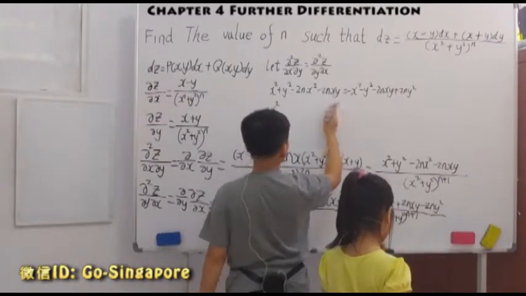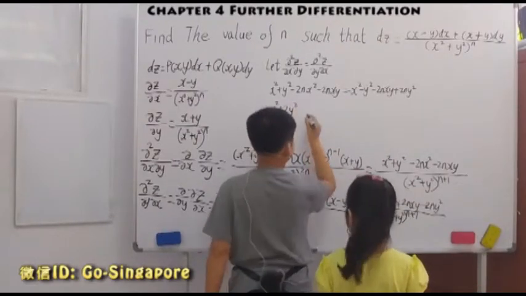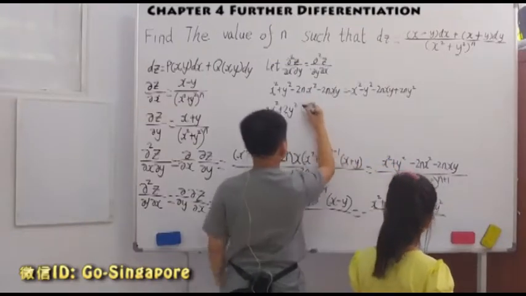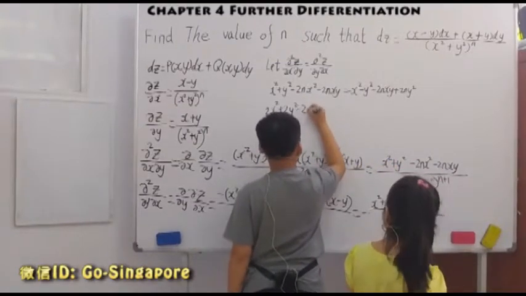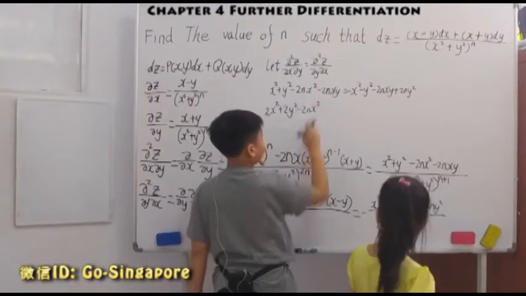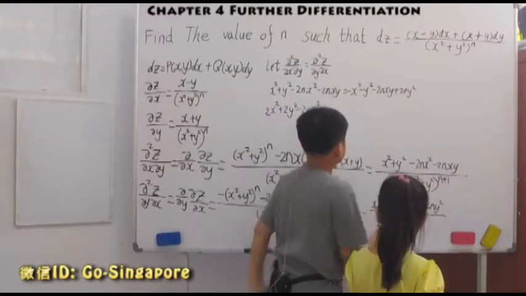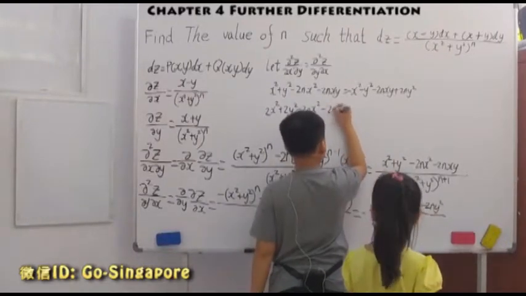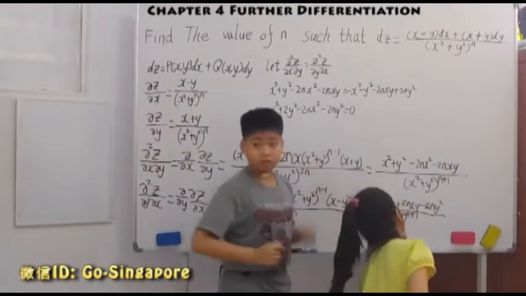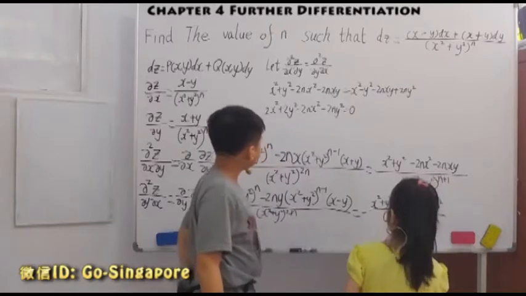Two of these, y also 2. What about for this? Nothing, right? Nothing. Yes. And then these two, they're cancelled. And this is a negative. This is 0.